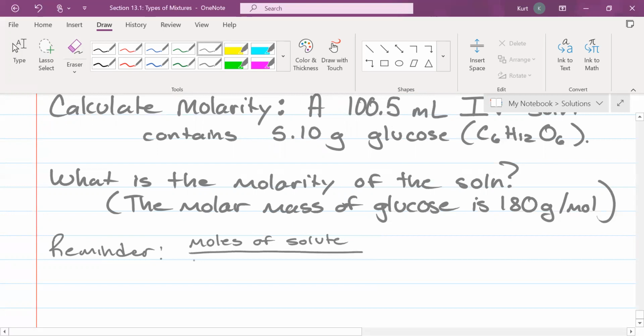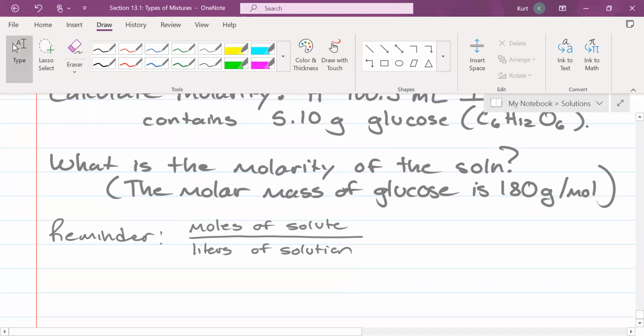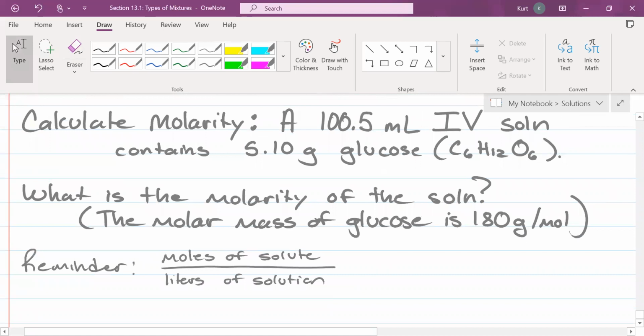And you're dividing it over liters of solution. The solution is the IV fluid, the stuff that's going right into the person's veins. Do you have moles of your solute? You have the mass. Are you capable of converting mass to moles? Yes, and I gave you the key for that.